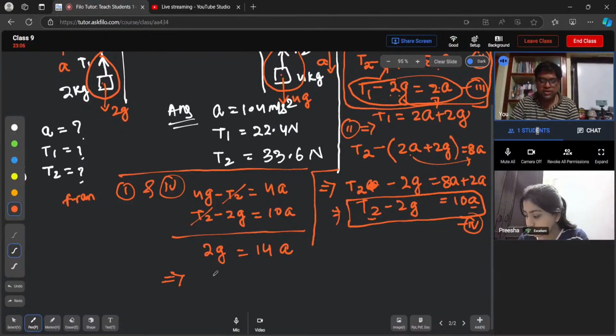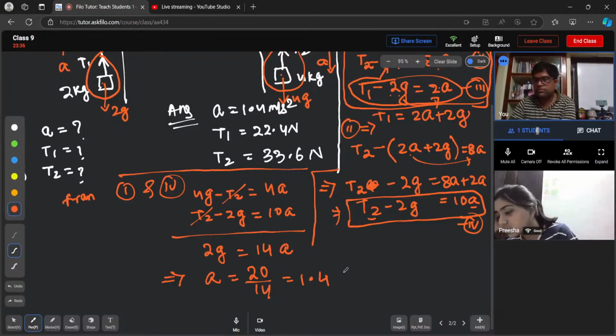Or you can say a equal to 2g upon 14. 2g is what? 20. You can take g as 10 or 9.8, whatever you take. Let's say you take 10. So 20 divided by 14, which is approximately 1.4.